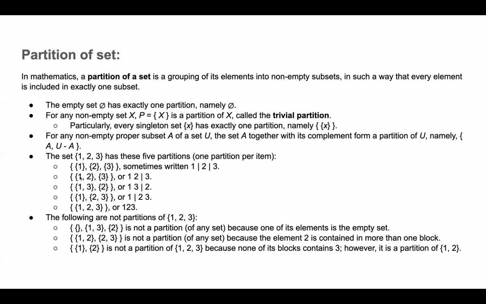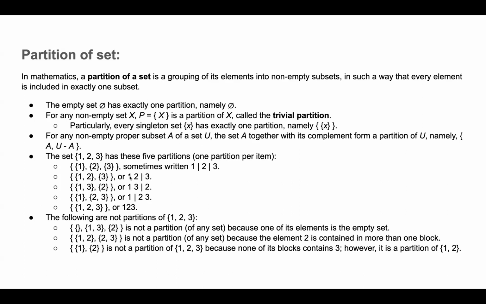The subset is given here in the same set {1, 2}. And braces complete. So {1, 2} is given here, after that one line is there, and then {3} will be there.